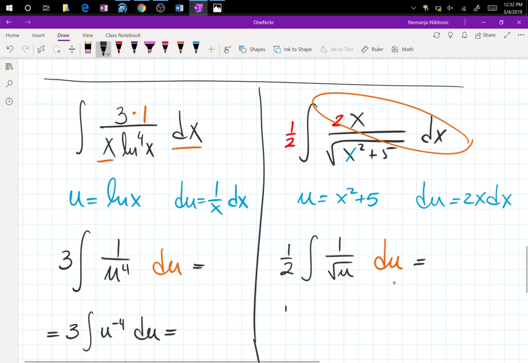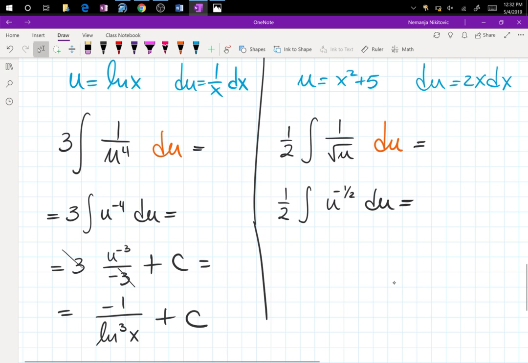So now I have 1/2 integral u to the negative 1/2 du. When I integrate, I add 1. So that's going to be u to the positive 1/2 divided by 1/2 plus c. These 1/2s will cancel completely, because 1/2 divided by 1/2 is 1. And all I have is the square root of u plus c.